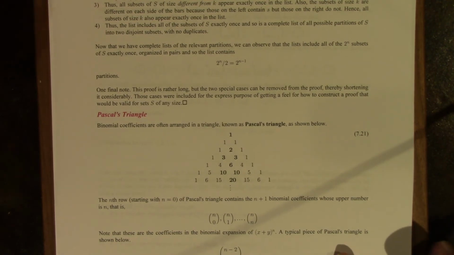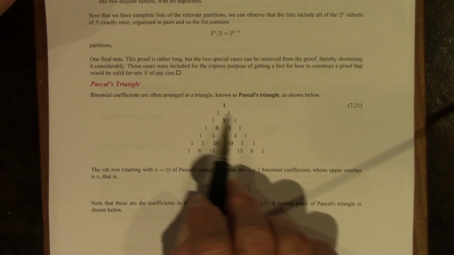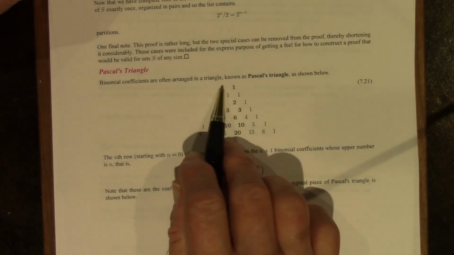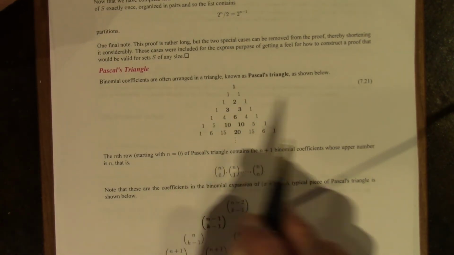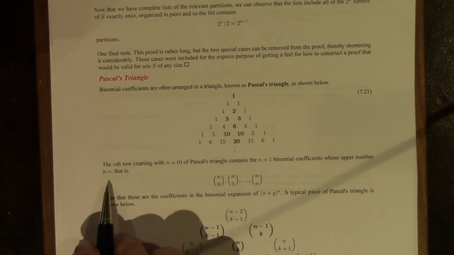Binomial coefficients are often arranged in a triangle known as Pascal's triangle, and here's how the triangle begins. The nth row of this triangle, and n starts at 0, contains the n plus 1 binomial coefficients whose upper number is n.